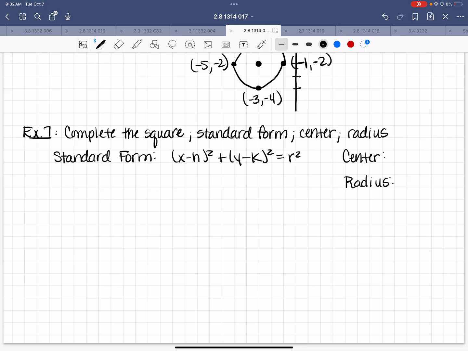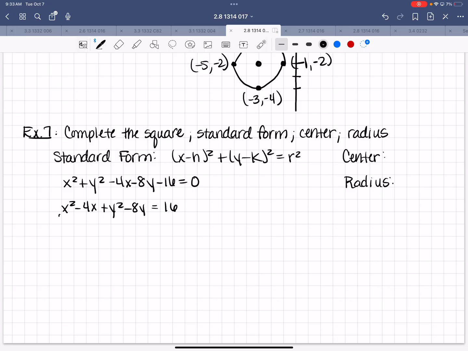And they have given me x squared plus y squared minus 4x minus 8y minus 16 equals 0. So we start off, put the 2 x's beside one another, put the 2 y's beside one another, move the 16 to the other side. X squared minus 4x plus y squared minus 8y equals 16.